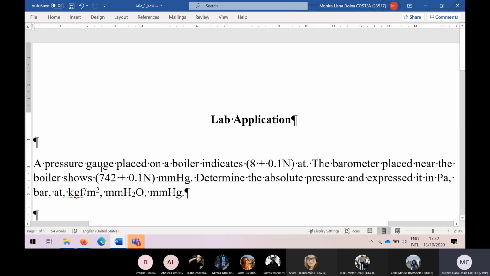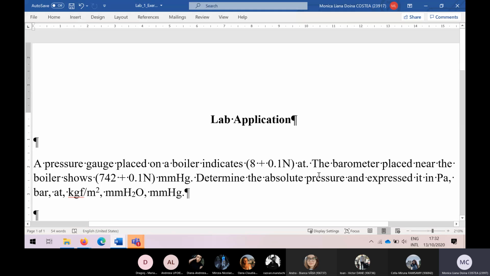In this case you have a pressure gauge placed on the boiler that indicates this pressure, 8 plus 0.1 times N technical atmosphere. We used last time the technical atmosphere. Now you have the explanation why it has 9.81 times 10 to the 4. So you will pass this value in Pascal.